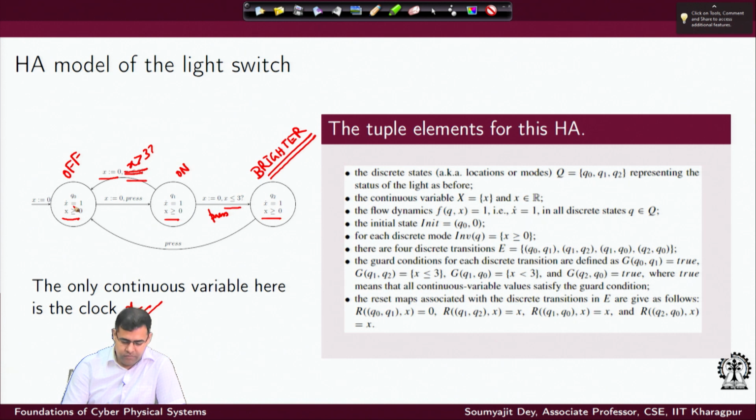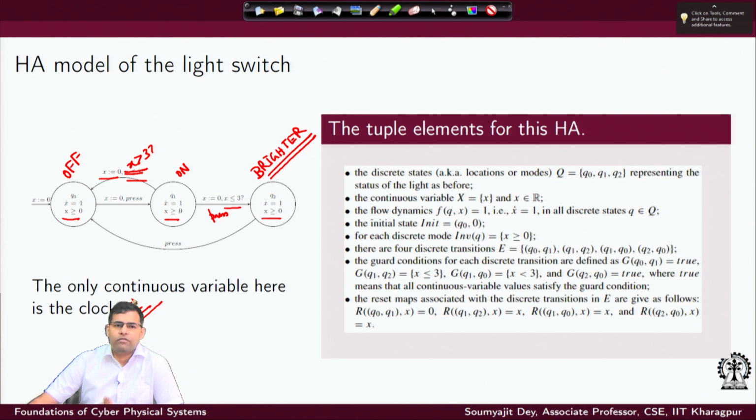But what is important is, since this is the clock variable, you are taking the derivative of time with respect to time, that is your derivative of x. If you remember our definition in the previous slide, we said that we will attach a vector field with every continuous variable, right? That will tell me what is the gradient of that continuous variable. So for this continuous variable clock that we have attached to the original automata here, we have to take its derivative.